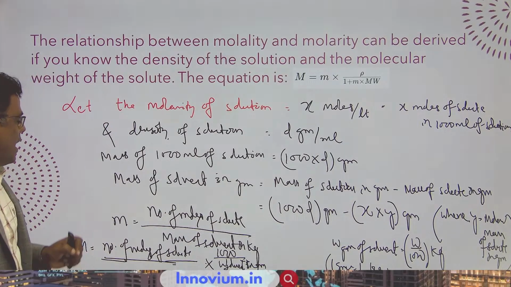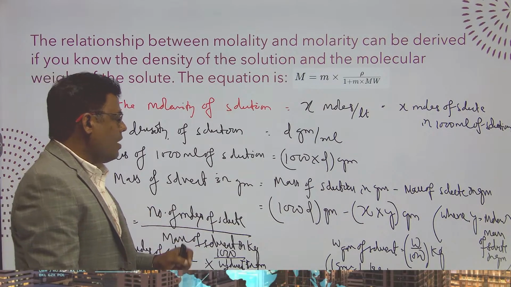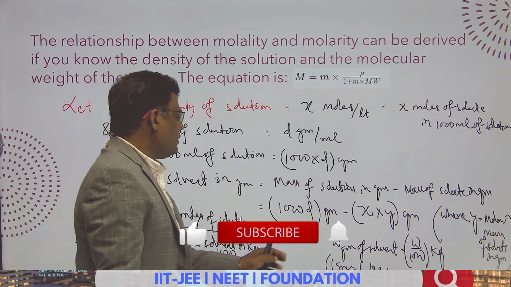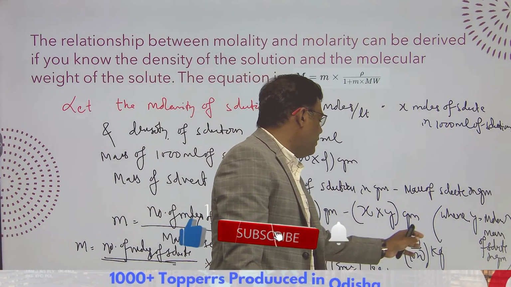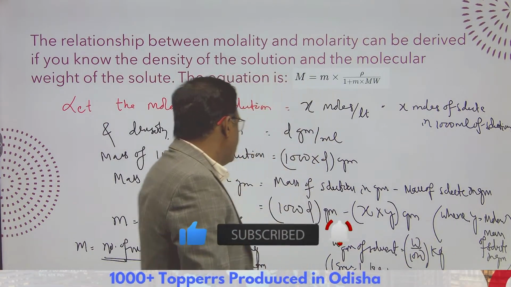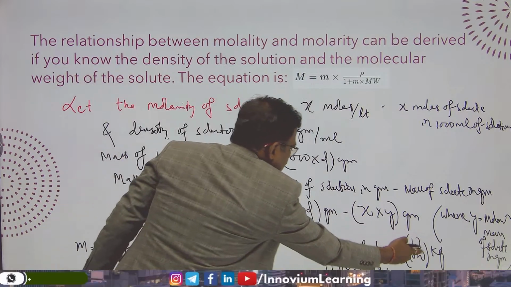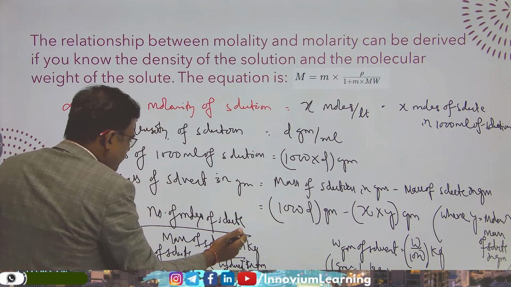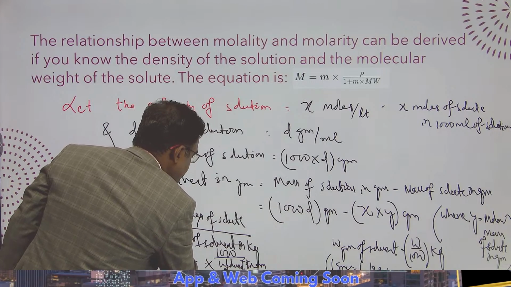Therefore, if the mass of solvent is given in gram, then you can easily convert that mass to kg using this expression: W gram of solvent is equal to W by 1000 kg. So using this, we can easily derive this expression. Here you see, I am deriving that.